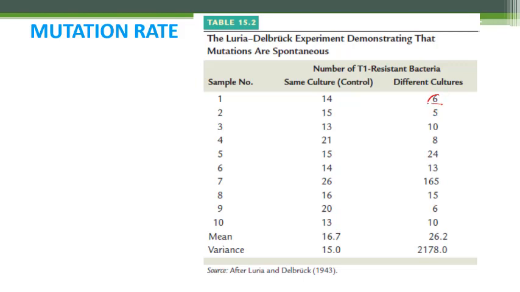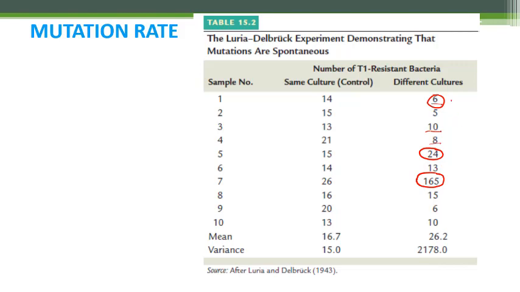Then in this particular one we have 10, so it's a very large number. Then in the fourth we have only 8. In the fifth we have 24. And in Petri plate number 7, we have a very large number of resistant colonies, 165.